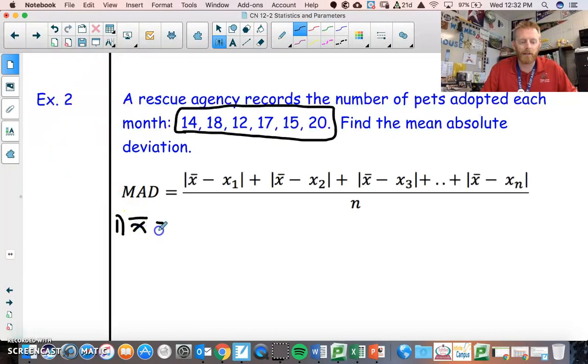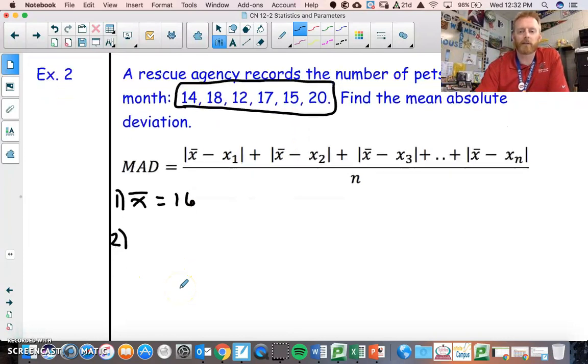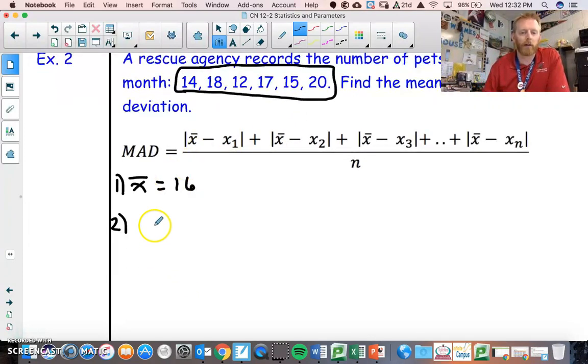My mean is 16. Step number 2 is to plug this number 16 into our formula for the most part. So this is going to be the sweet part of this.